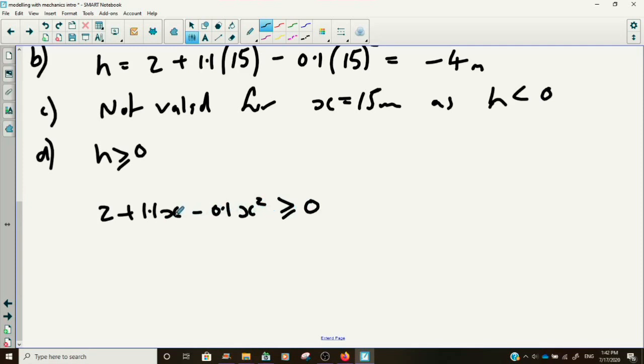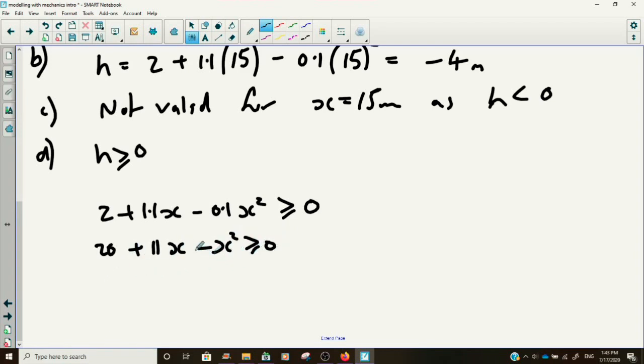We're trying to work out the horizontal distances from the player that would give us a positive height. We don't care about distances where the height is negative, like 15 meters. That's not going to be a valid value of x in our model. So in order to solve this, I think what I would start off by doing is just to multiply everything by 10, just so that we have integer coefficients.